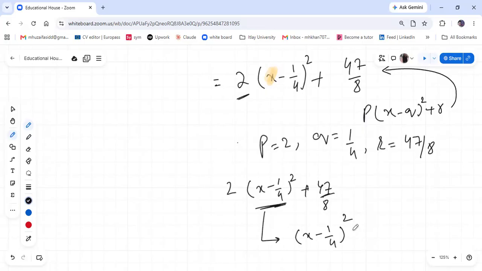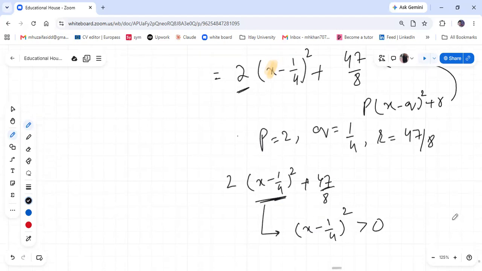As I already explained, the square term will always be positive, so it's greater than 0, or maybe equal to 0, but it is not less than 0 and not a negative quantity. On the basis of this, this term is always greater than or equal to 0.